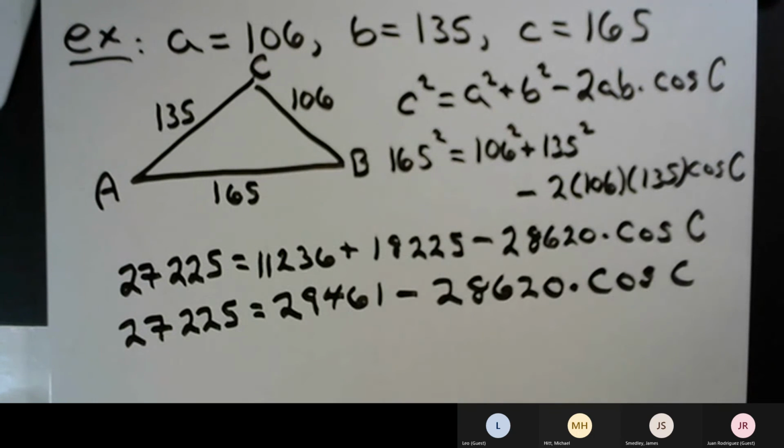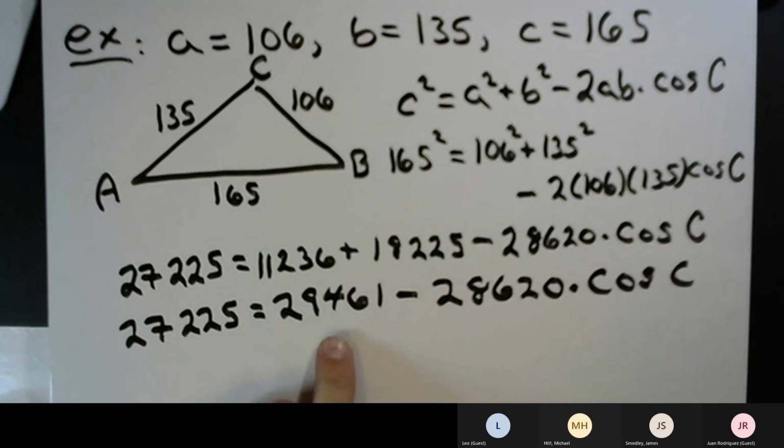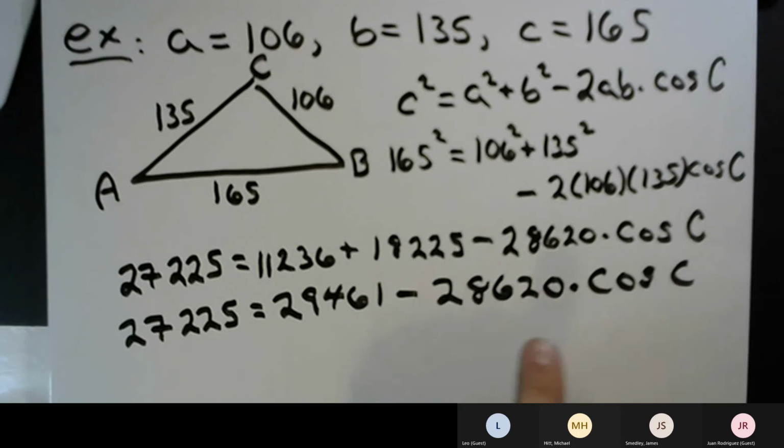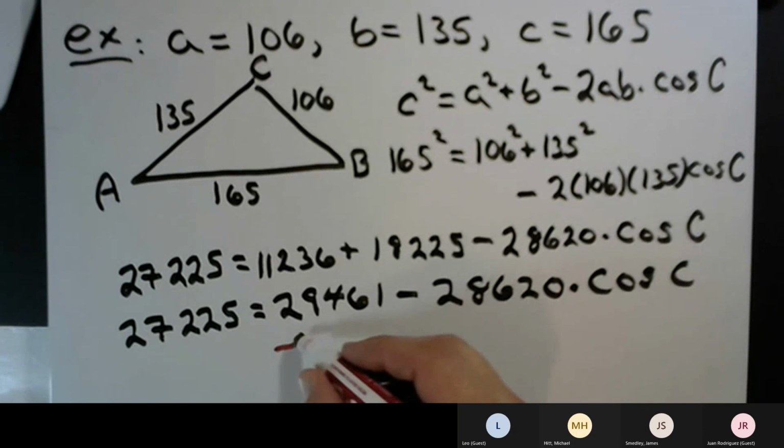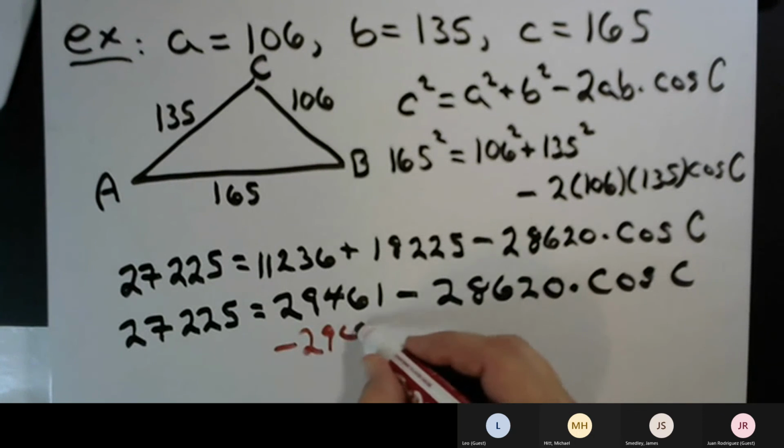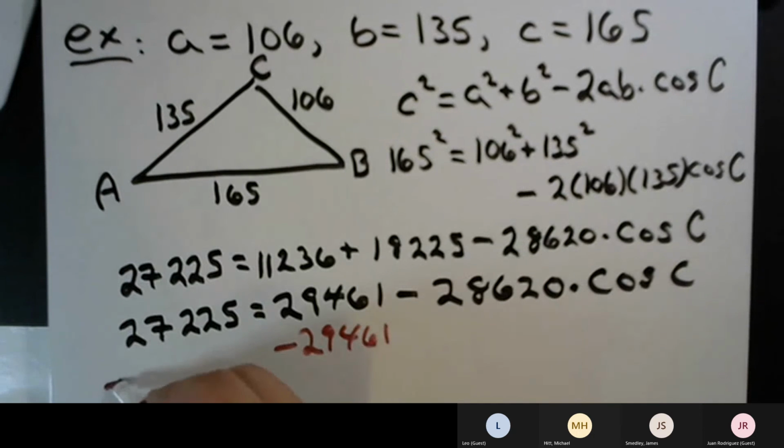So usually what we would do is we would calculate the cosine, then multiply, and then do the subtraction from that number. I'm going to go backwards. We're going to cancel this number here, then cancel this, then cancel that. So a positive number here. So we're going to subtract 29,461 from both sides.